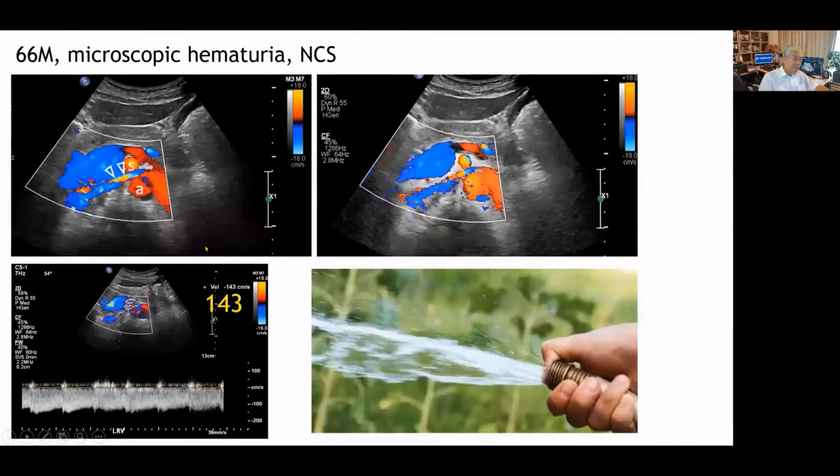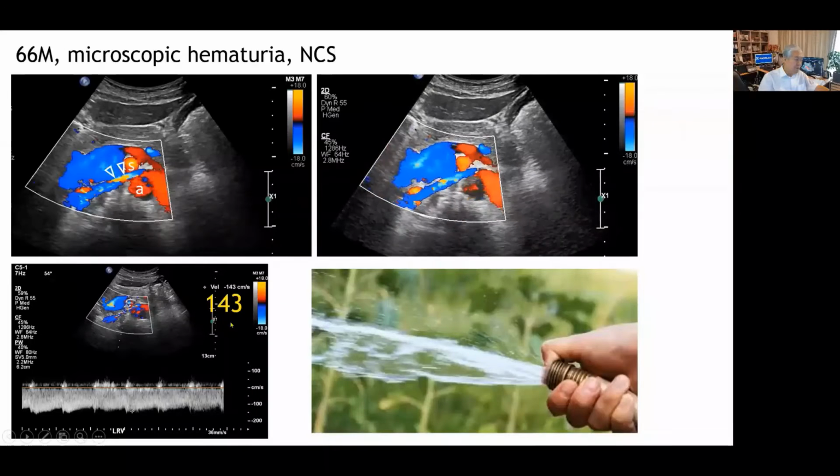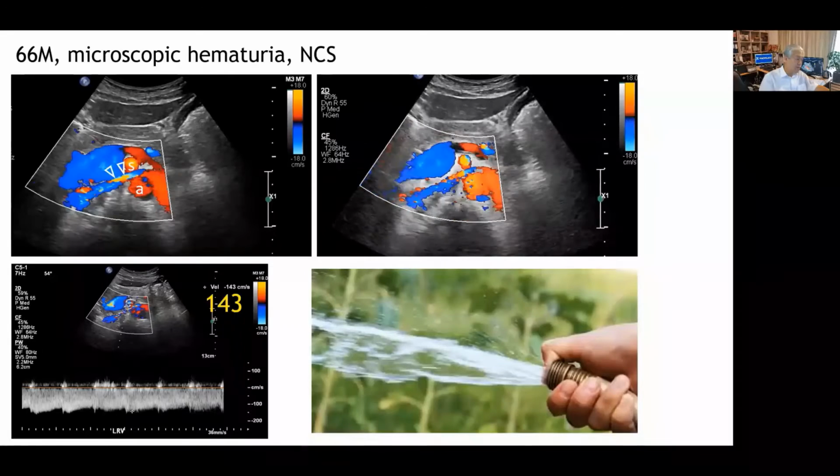A 66-year-old man with microscopic hematuria due to nutcracker syndrome. Color Doppler ultrasound well shows bright colored jetting from the compressed aortomesenteric left renal vein, and the peak flow velocity was 147. Then we can make a diagnosis of nutcracker syndrome without invasive catheterization.